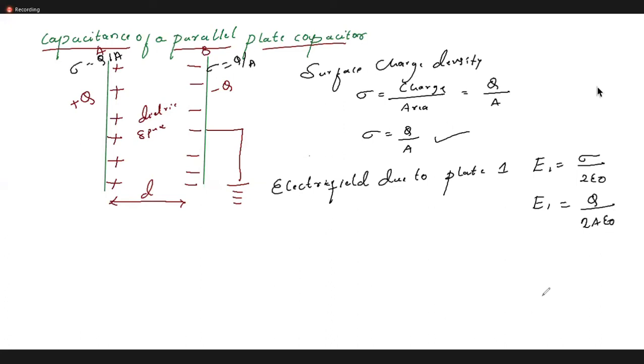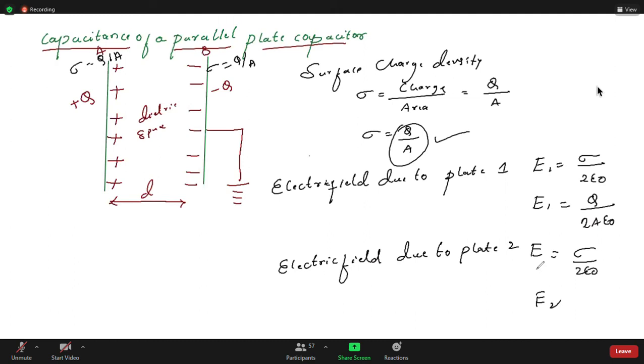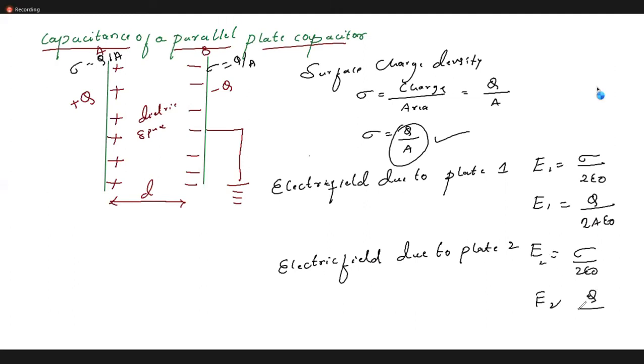Now, what is the electric field due to the second plate? Sigma by 2 epsilon naught, with the magnitude of charge. Then E2 is also Q by 2A epsilon naught.